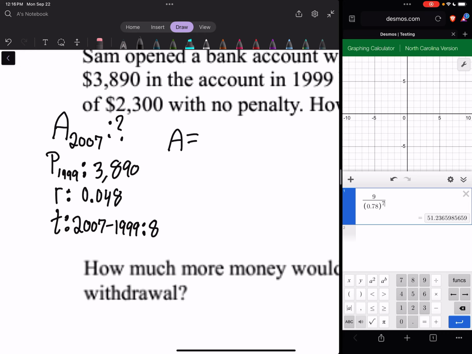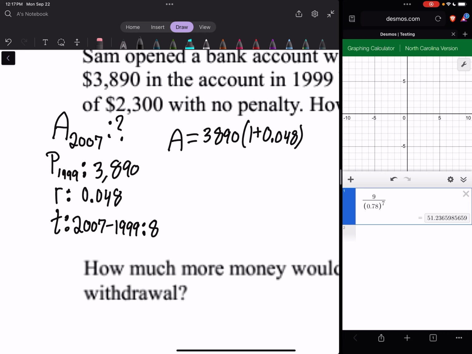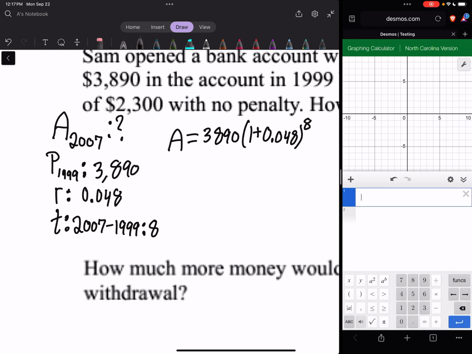A is equal to, and again, this is A of 2007, 3,890 times 1 plus 0.048. I'm going to rewrite that because that looks strange. 1 plus 0.048 to the 8th power, not 7. 8th power. I'm going to type this in Desmos.